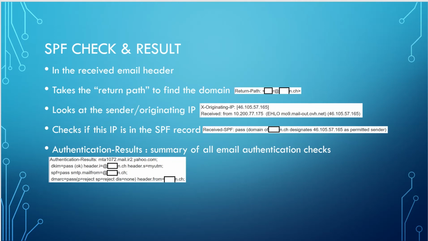Now for the authentication result, when you use these authentication features, there is a place in the header where all the results will be put. So here you have the summary of the email authentication checks, and in this case, just the SPF pass that we are interested in.